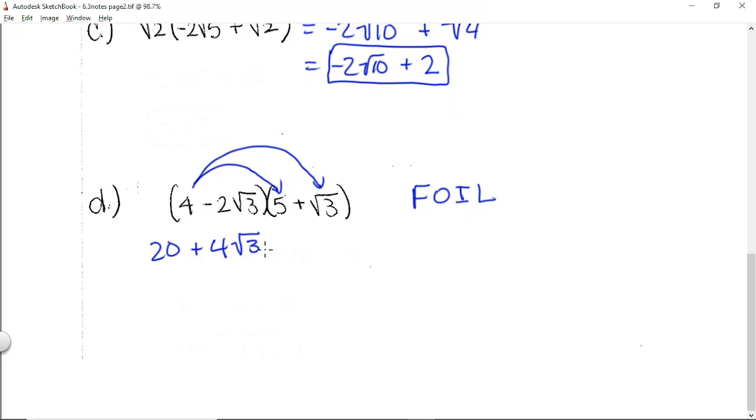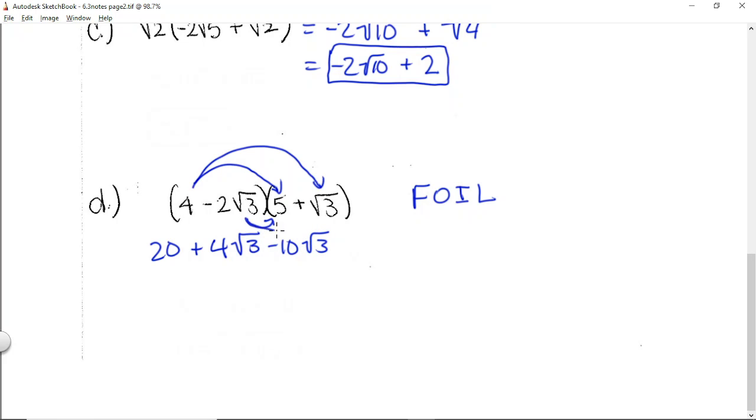Inside the radical is just 3. So then we take this times this, the second one, negative 2 times the square root of 3 times 5. So negative 2 times 5 is negative 10, and that's times the square root of 3.